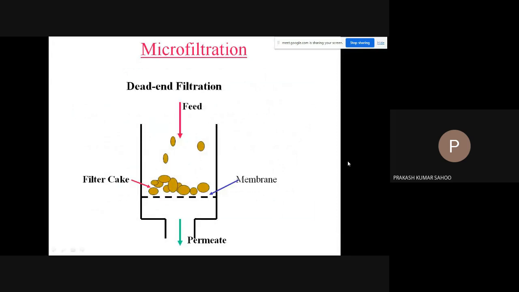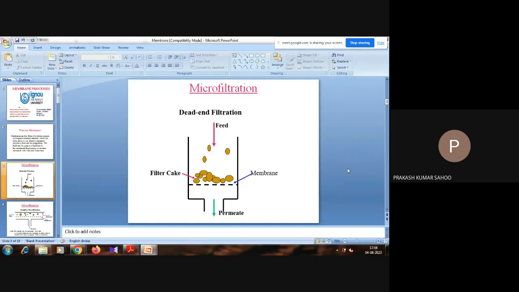So the general aspect of membrane process, we've already discussed. Another one is the mathematical term: the performance of the membrane is defined in terms of two parameters, that is transmembrane flux and solute retention or solute selectivity.